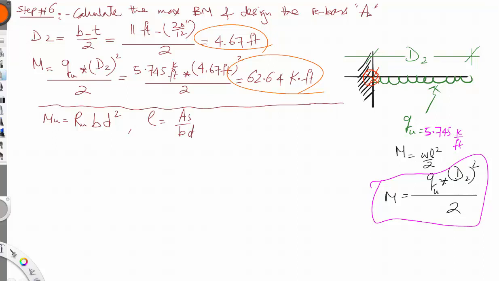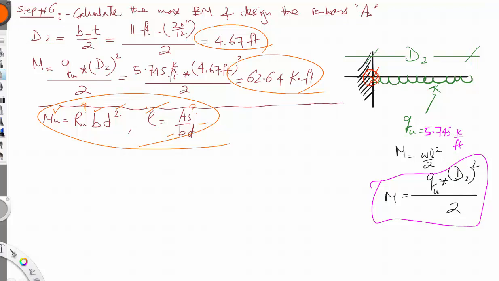These are the only two equations that we'll use always in the design. So like we said in the explanation of the lecture, we know this value, we know this value, this is what we need to calculate, the Ru, and knowing Ru, we'll be able to get the value of steel ratio. We know the steel ratio, we know b, we know d, we'll be able to calculate this guy.